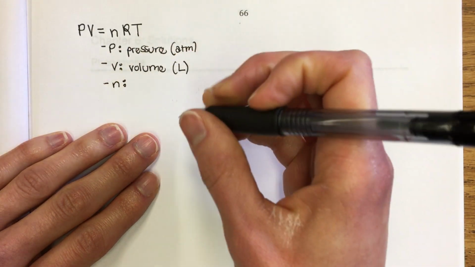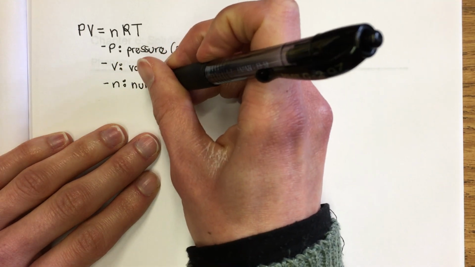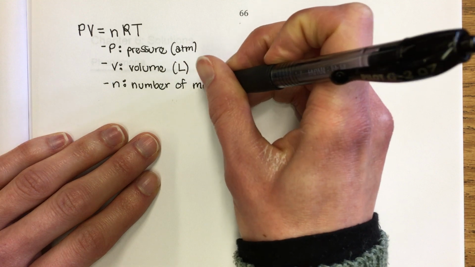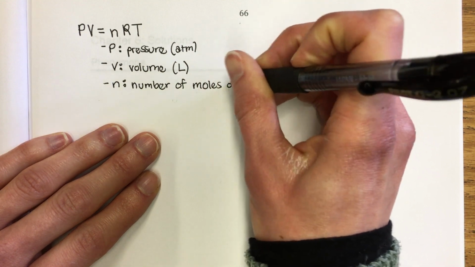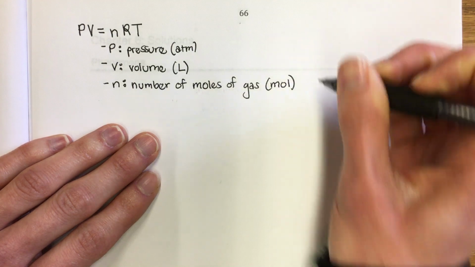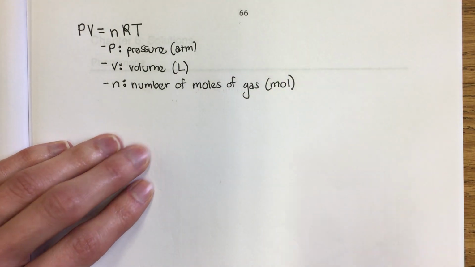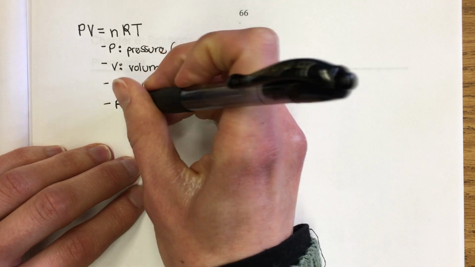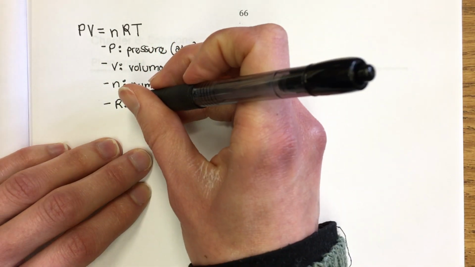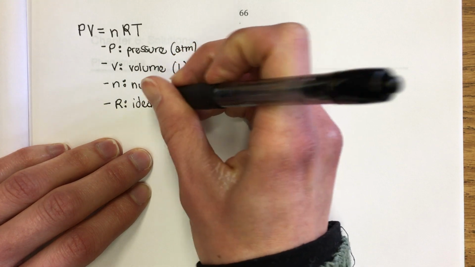n is the number of moles of whatever gas you're talking about, so obviously that's going to be in the unit of moles, not grams. If it gives it to you in grams, you need to convert that to moles. Now R is what we call a constant, a number that stays the same every time you do this equation.